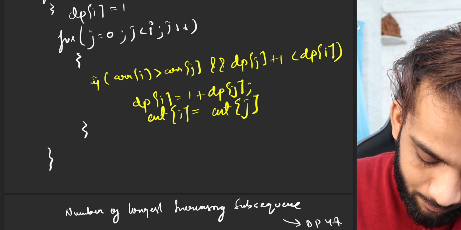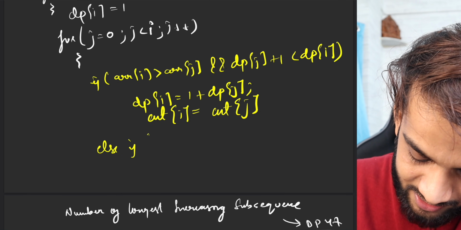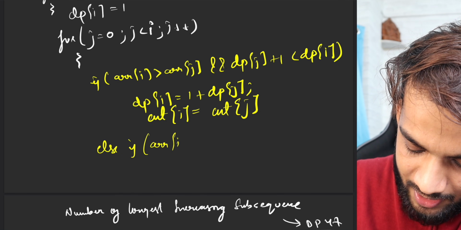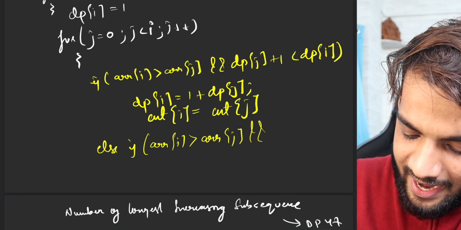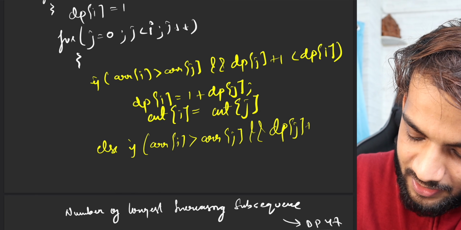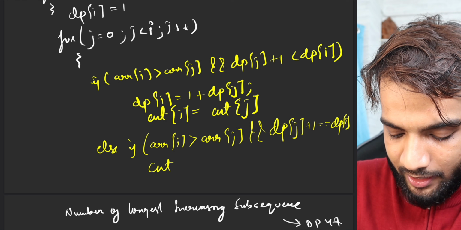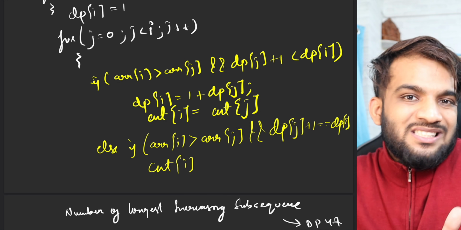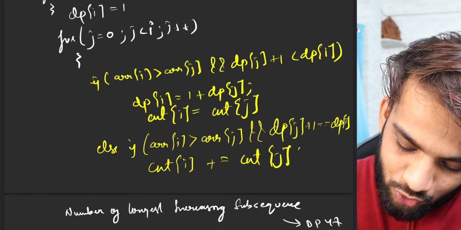But I'll just add one more condition here. Else if, very important, else if array of i greater than array of j and dp of j plus 1 is equal to dp of i, what if it's equal? Then dp will still have the same value, but it will take count of j, how many ways j can be formed.